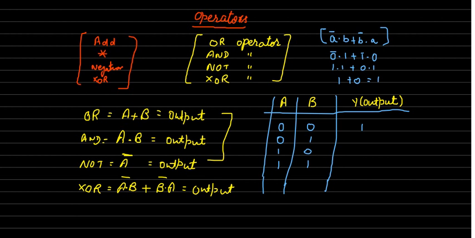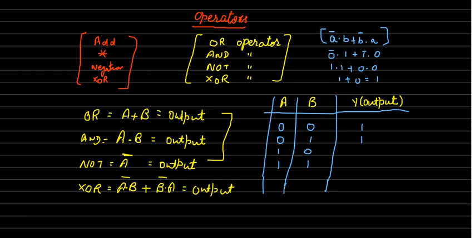Now let's do it for the second one. The second one is 0 bar dot 1 plus 1 bar dot 0. Now 1 dot 1 plus 0 dot 0 means 1 plus 0, giving us 1.